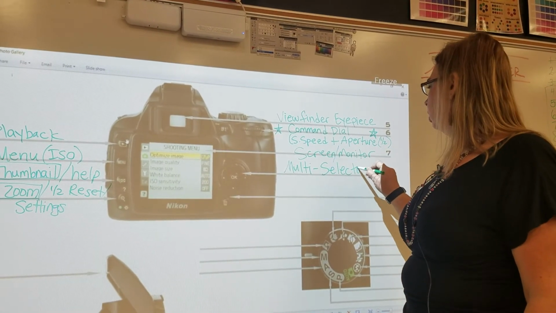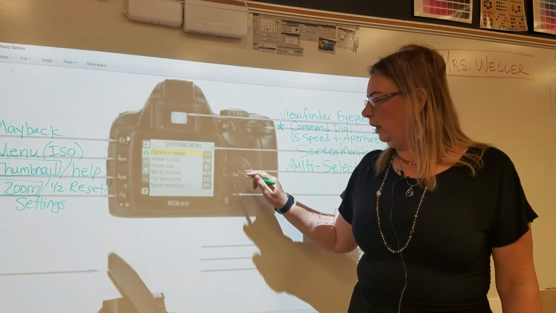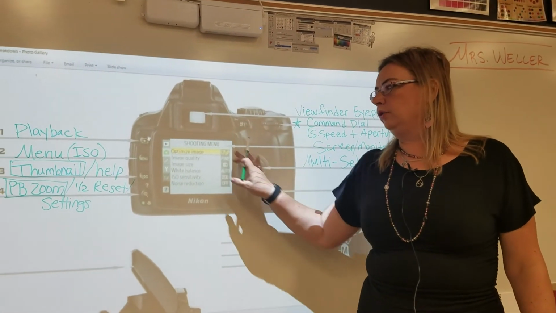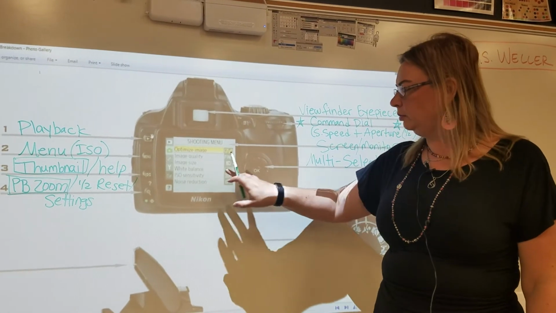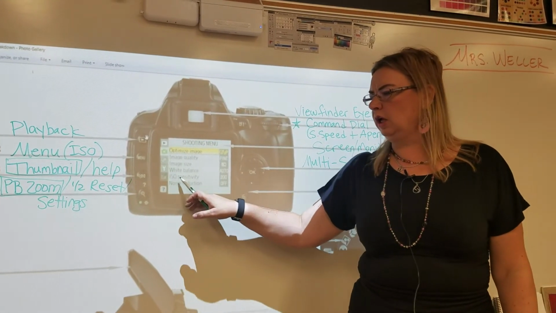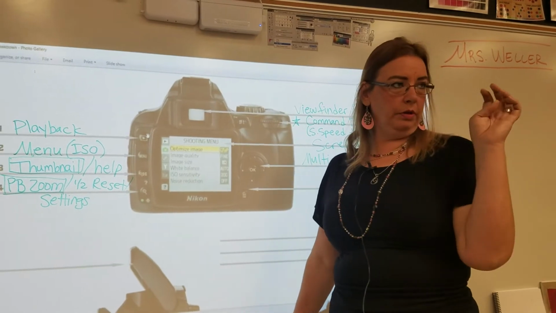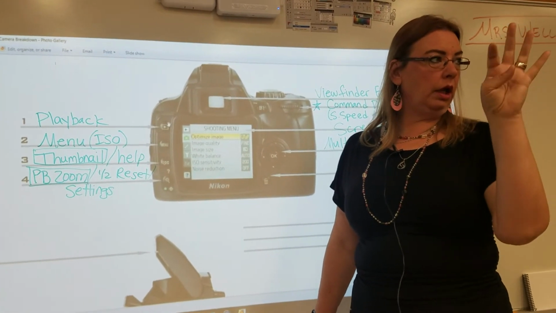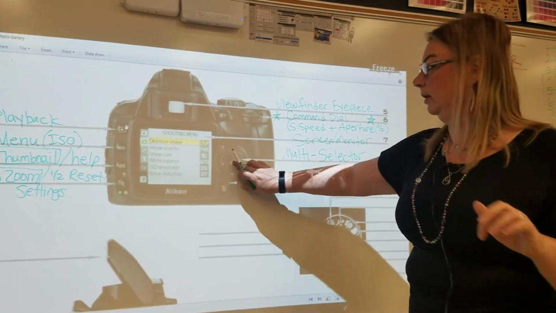Multi-selector. This is how you're going to scroll up and down and side to side through your menu and through your photos. You have to press the OK button. Like when you go in and do the ISO, people forget to press OK. You got to press the OK button. You can't just land on it. You got to go, yep, that's what I'm picking, and pick it. Okay? So don't forget about the OK part of it.